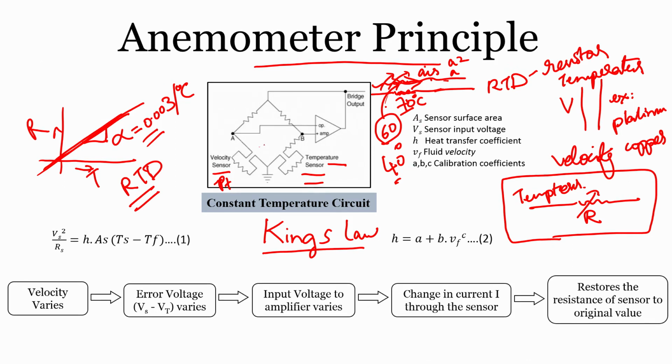However, when you have it in a loop like this, when you integrate into a bridge structure, it is forced to operate at constant temperature. That is, say you are having an input voltage of 10 volts and at a given resistance there is 5 volts across each of these arms, but because the resistance decreases, there is a decrease in voltage, the potential drop here decreases.